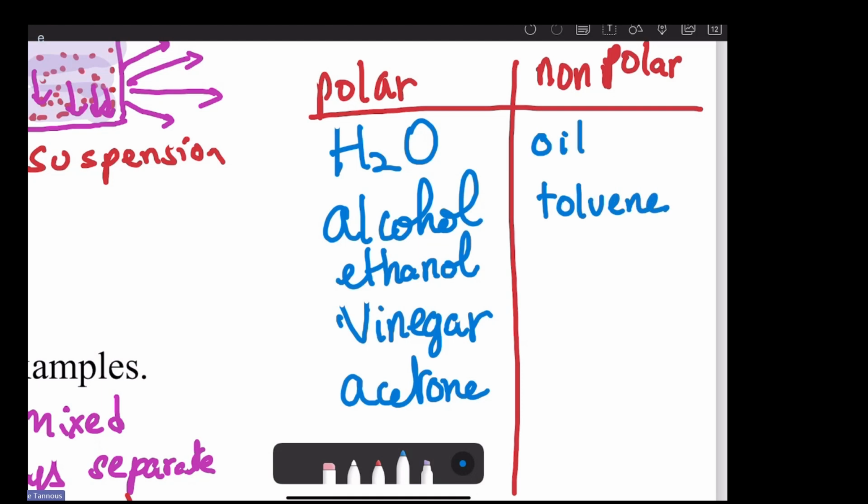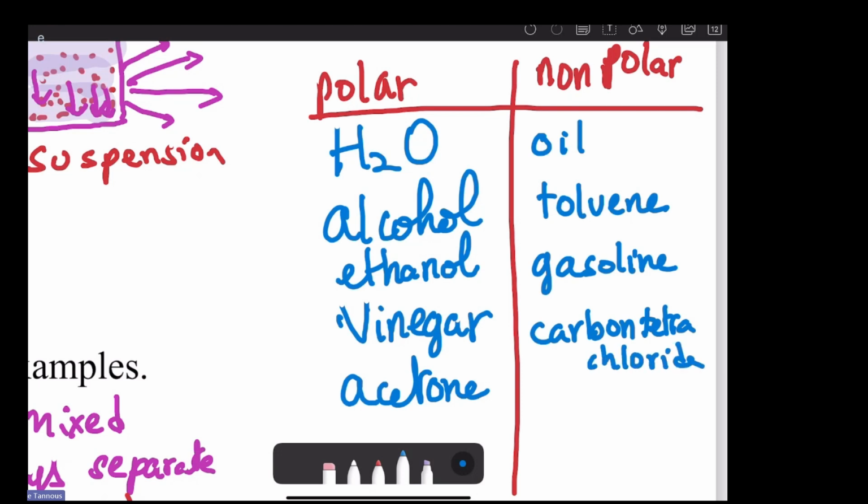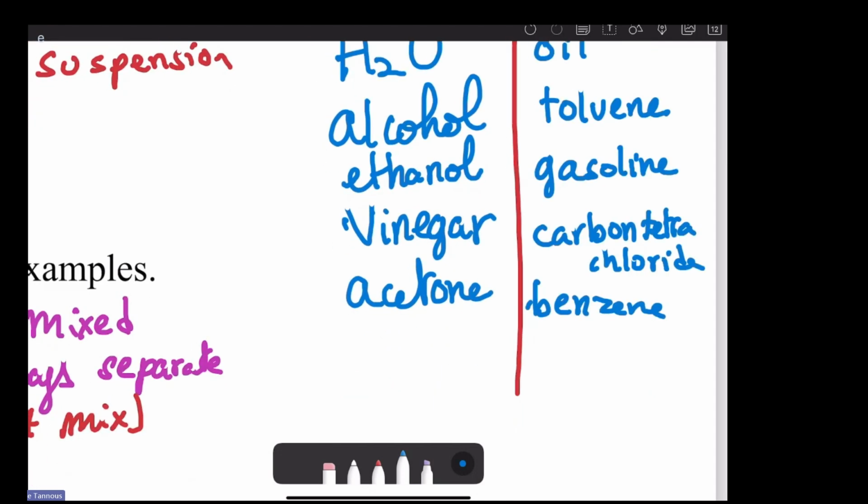toluene, gasoline, carbon tetrachloride, benzene.